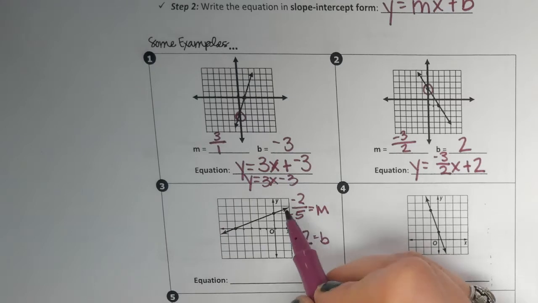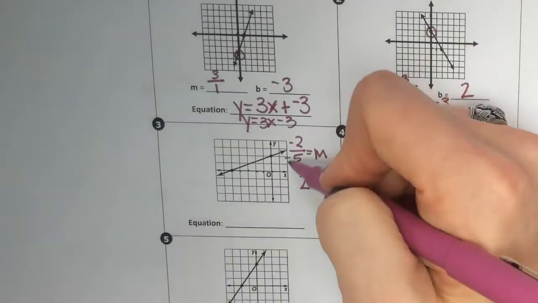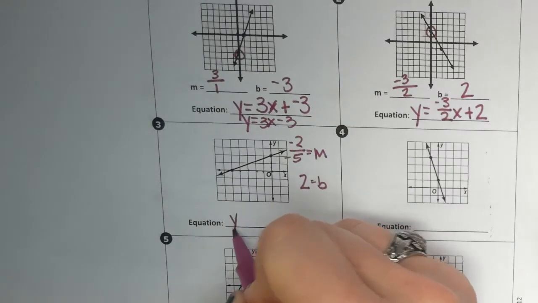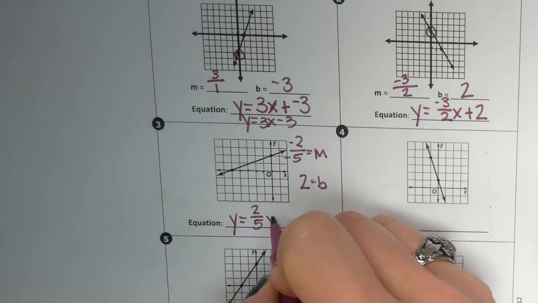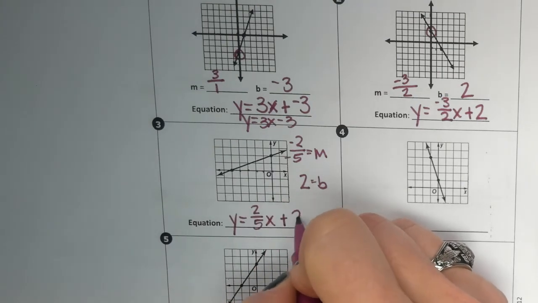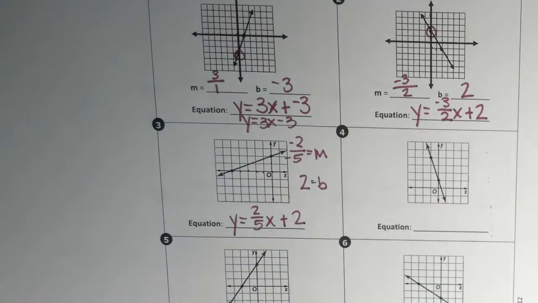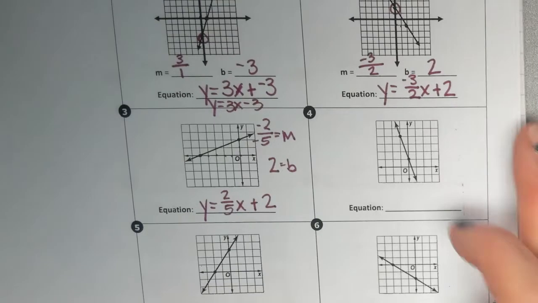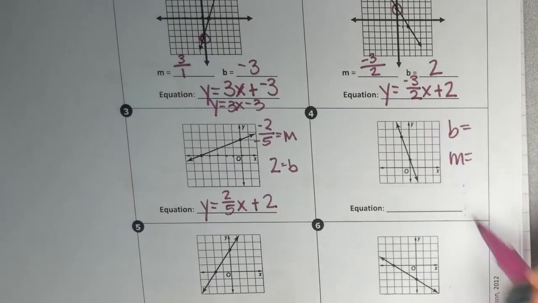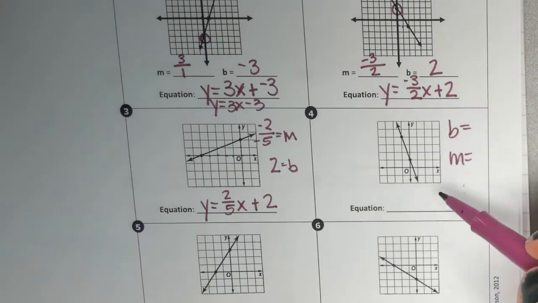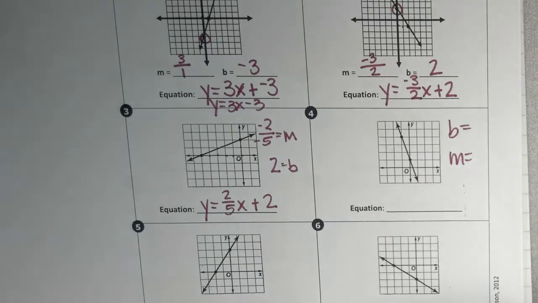Because we have two negatives here, they're going to cancel out and be a positive. So our equation is going to be y equals 2/5 x plus 2. All right, see if you can do number 4 on your own. Go ahead and write out the b and the m on the side and see if you can formulate your slope-intercept equation. Pause it, and then join me back up when you're done.